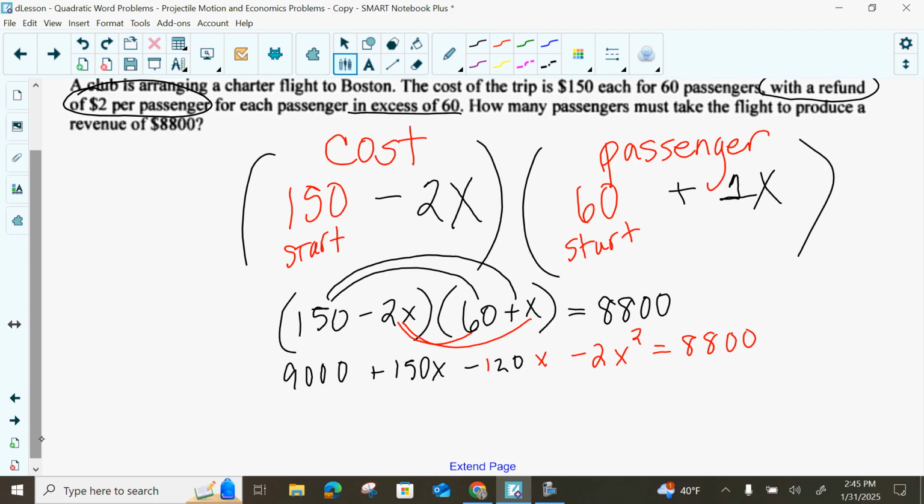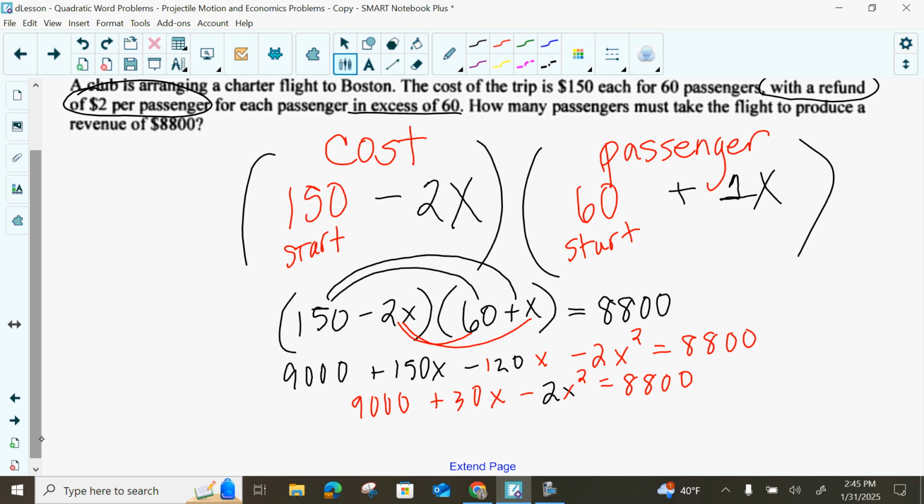What's our goal in all of these? What do we always need, like equals what? 0, right? So on this left-hand side, I can combine these two, and then I need a 0.